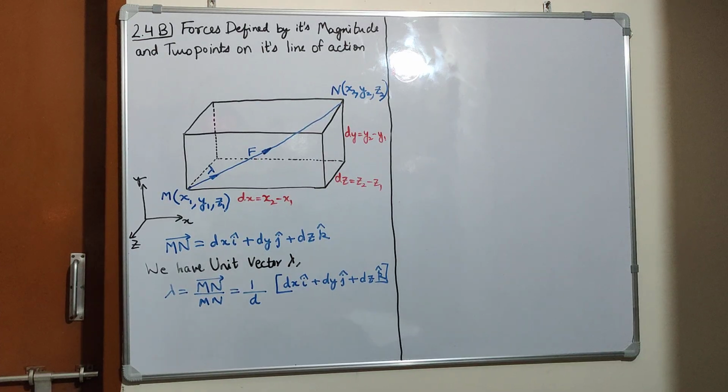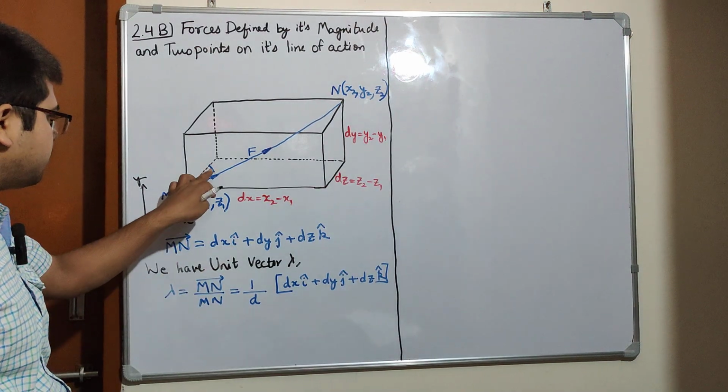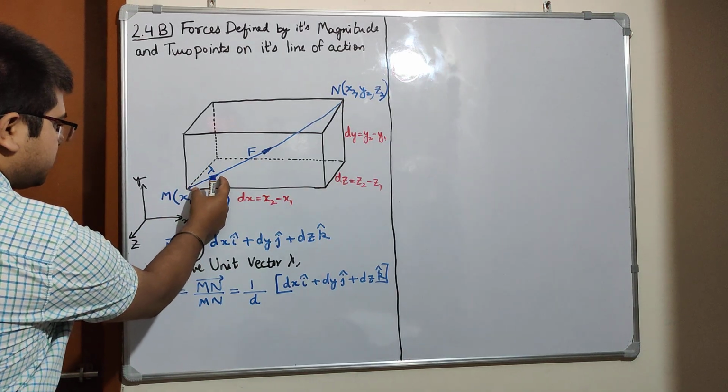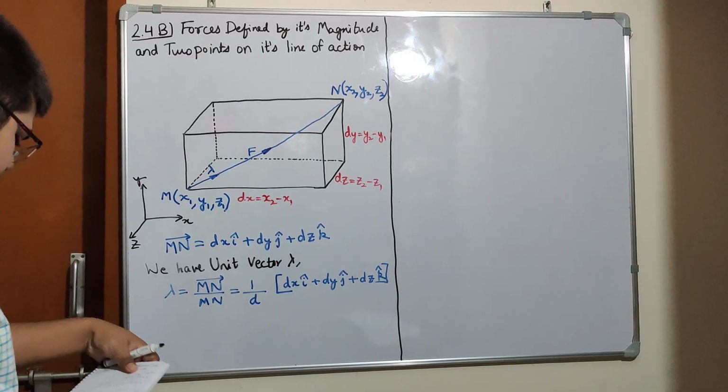So this is lambda. This is our lambda unit vector which I have written from here to here. This portion is lambda. So that we have found out.